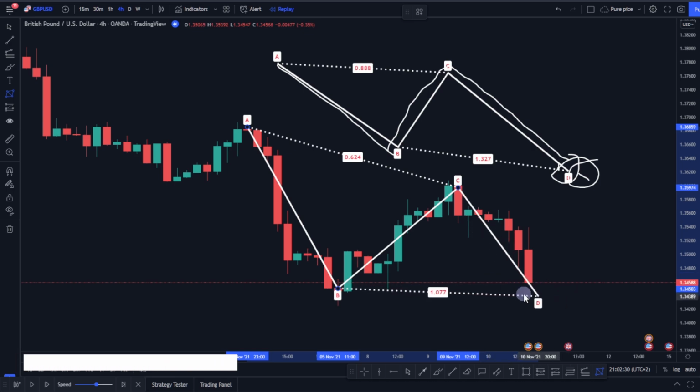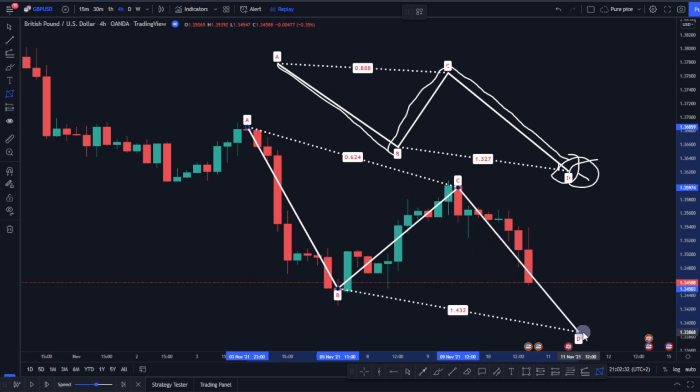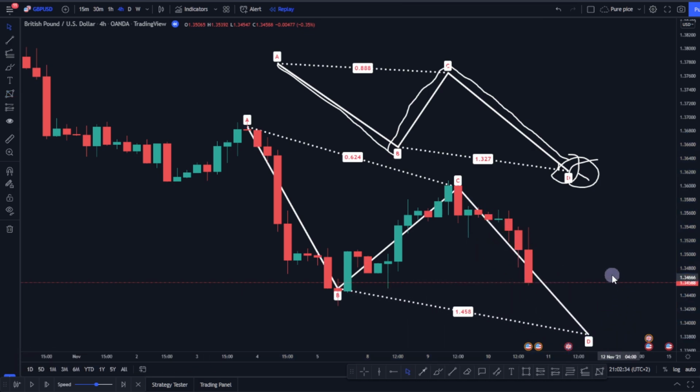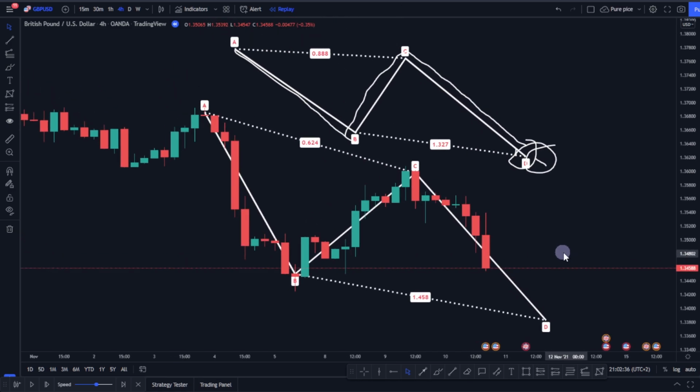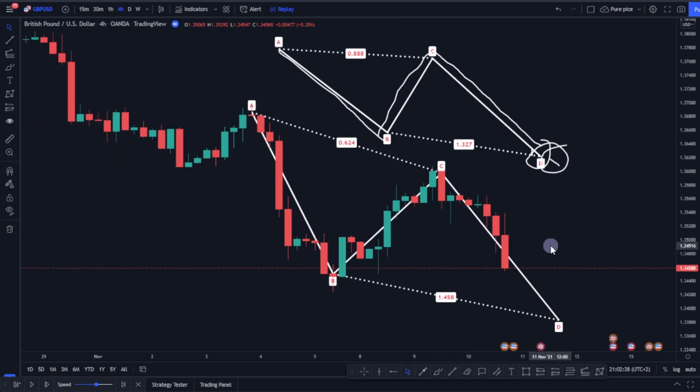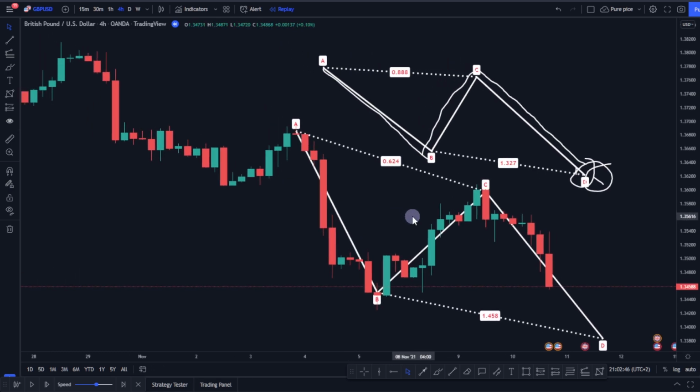But the question is, where am I going to put this point? So let me just put it anywhere like this, and then explain. One basic rule of this pattern is that AB should be equal to CD in this scenario. What you have to know is that we have many versions of this pattern.